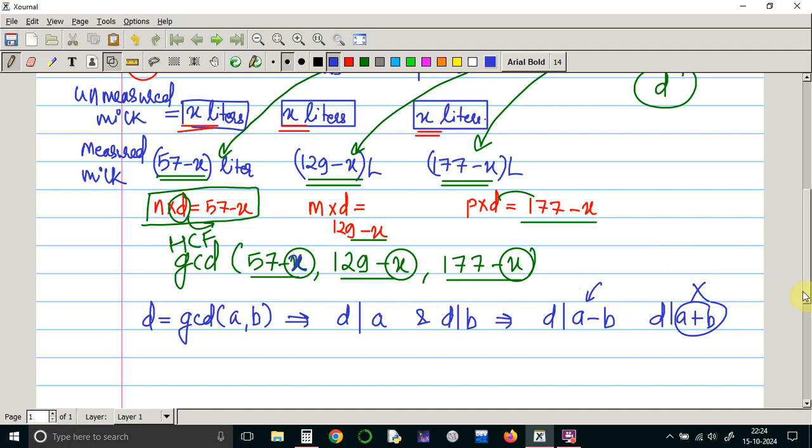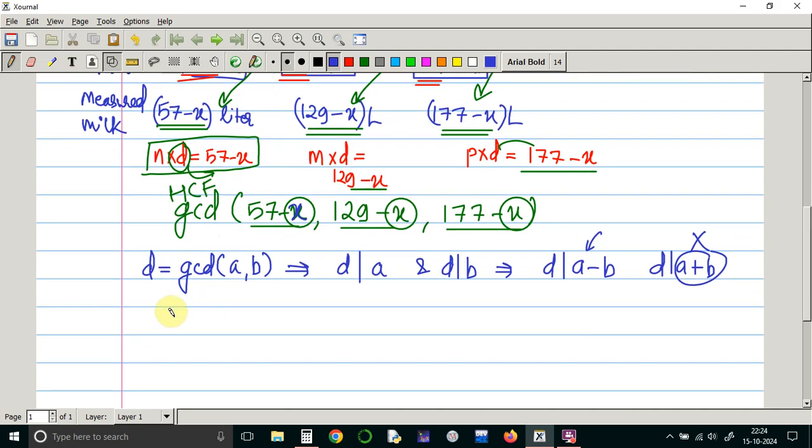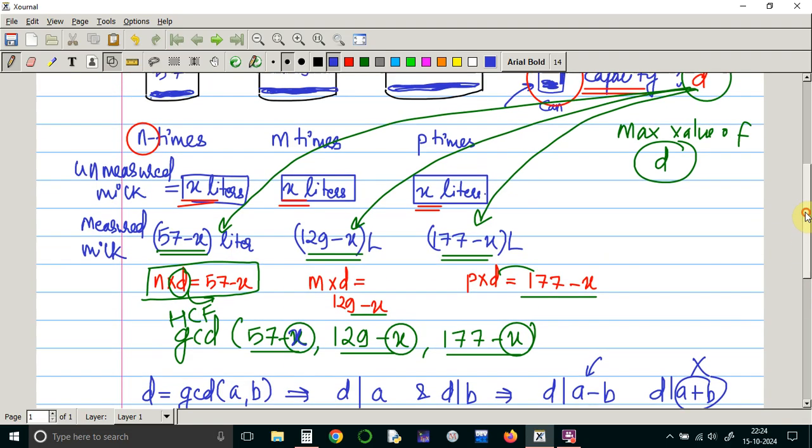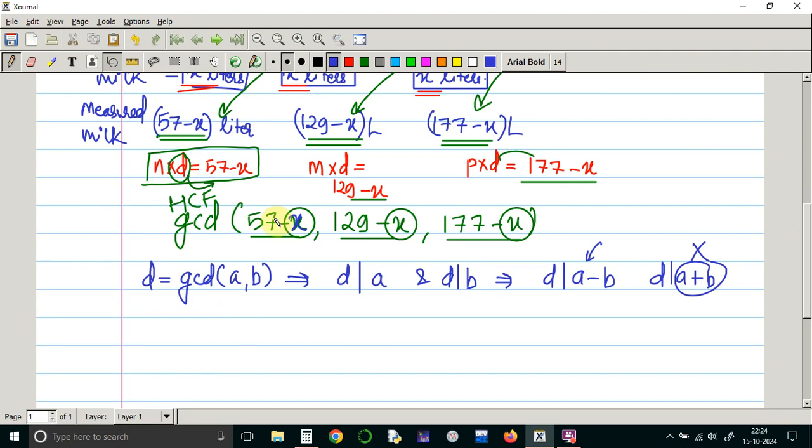So what I am going to use over here is that this unknown volume of this can, d, is going to divide all possible differences of these three integers. So d divides, now deliberately I am going to take big number minus small number.